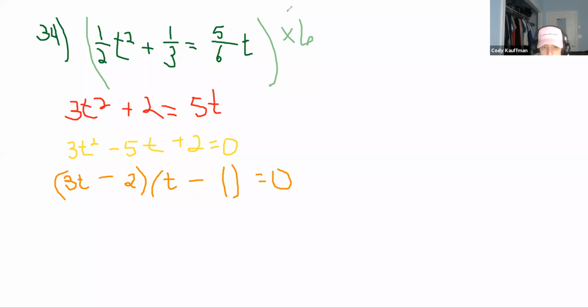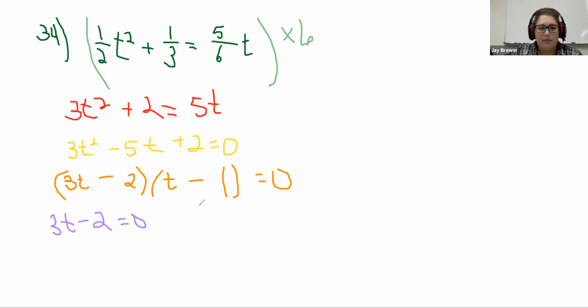So to finish it out, we're just going to set them equal to 0. So t equals 1 or t equals 2/3.